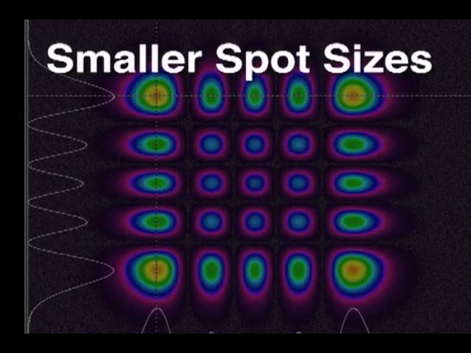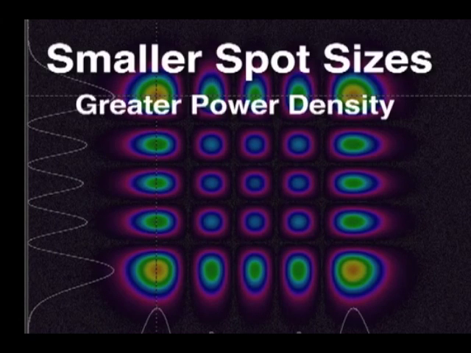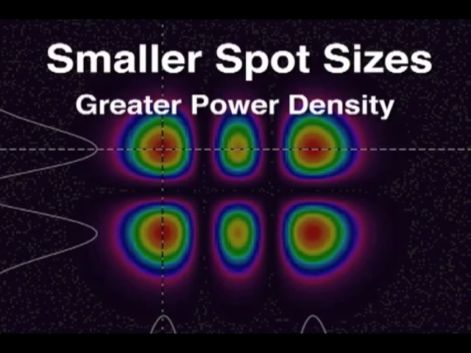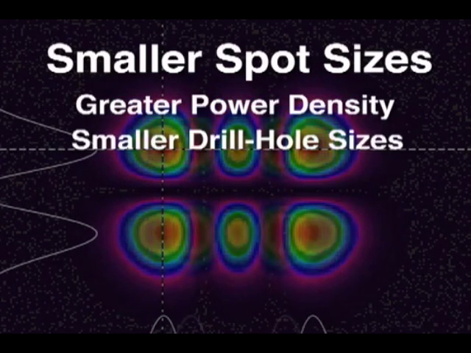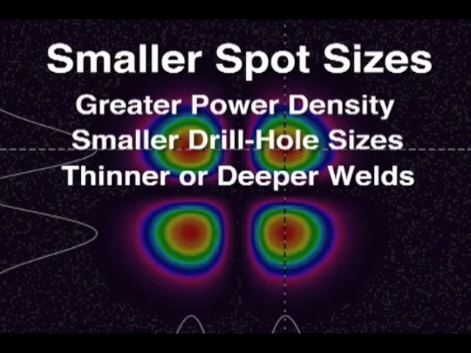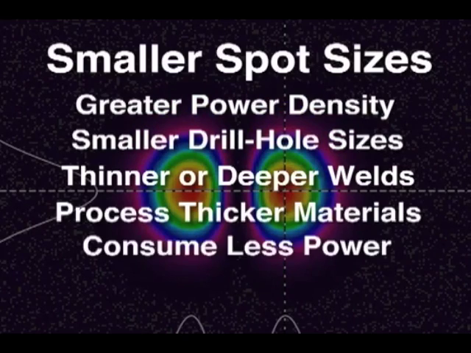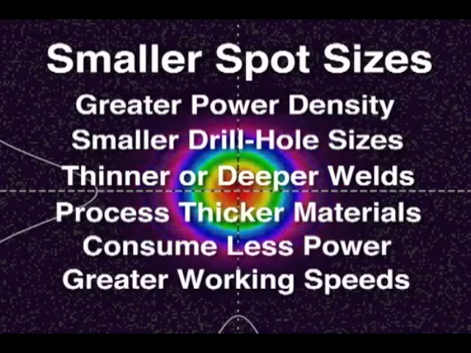The smaller spot will yield peak power densities greater than the one with a higher m² value. This can mean a number of improvements to the user, such as smaller drill hole sizes, thinner or deeper weld lines, processing thicker materials, less power consumed, and greater working speeds.